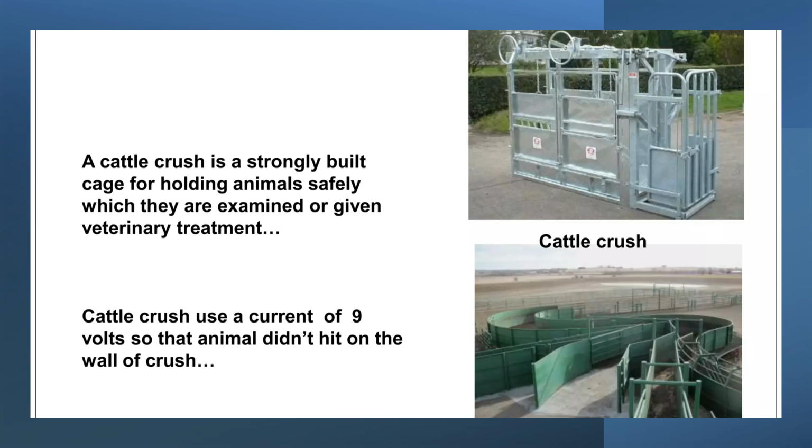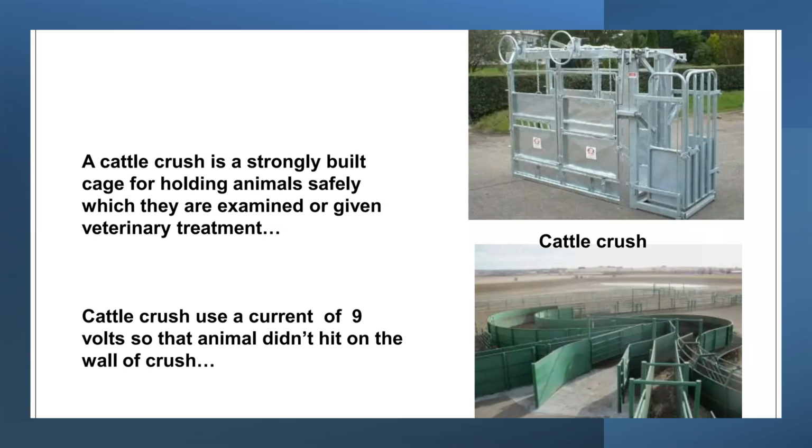Then another method is in the places where sophisticated equipment like the cattle crush is available, meaning crushing things, especially in wildlife. These are commonly used, but the same can be used in some colleges wherever a demonstration needs to be given to the students.